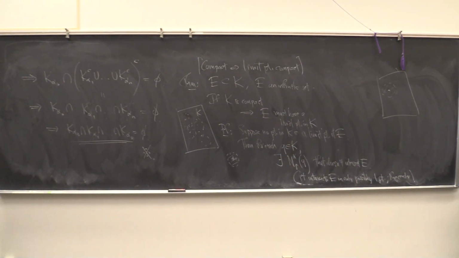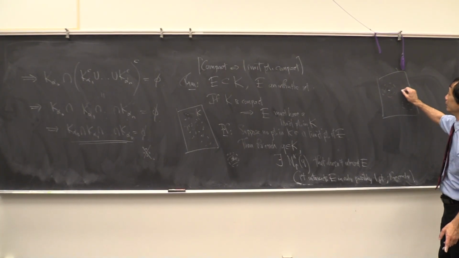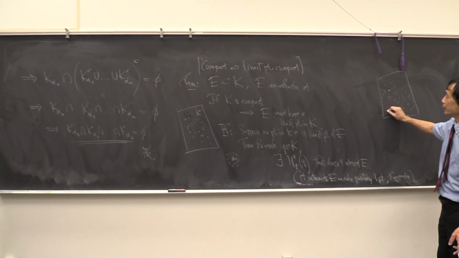Or maybe I'll just make you do it. So compactness, right? How are we going to bring in compactness? Every point has this neighborhood. What are we going to do? Anybody have any idea? We'll cover K with all those neighborhoods. Every point of K has such a neighborhood.